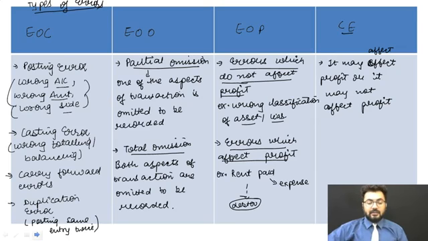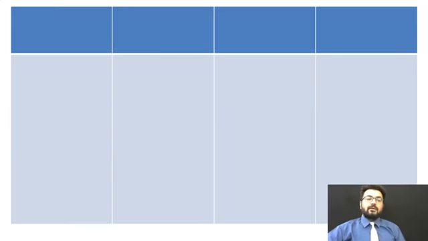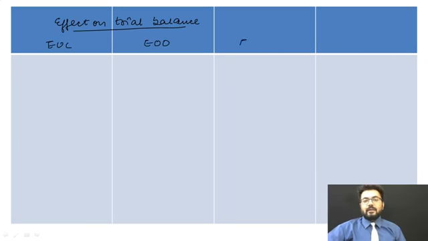Now moving on to the next thing. Errors of commission. When it comes to errors of commission, what is going to be the effect on trial balance? Write that down: effect on trial balance. First of all, errors of commission, errors of omission, errors of principle, and compensating errors. Talking about one-sided errors in errors of commission, one-sided errors cause difference in trial balance.